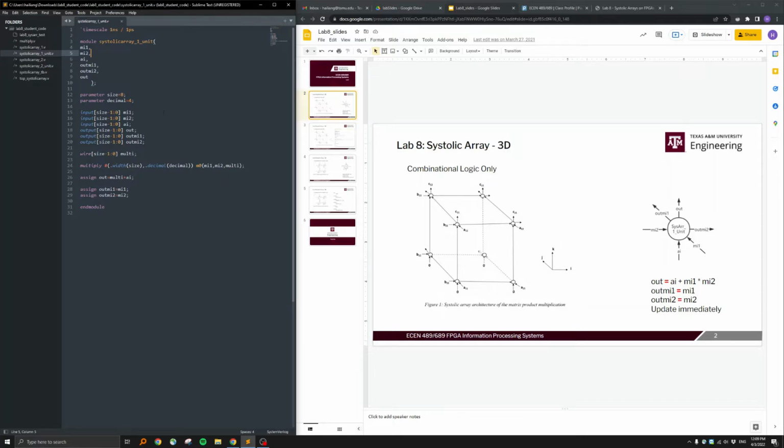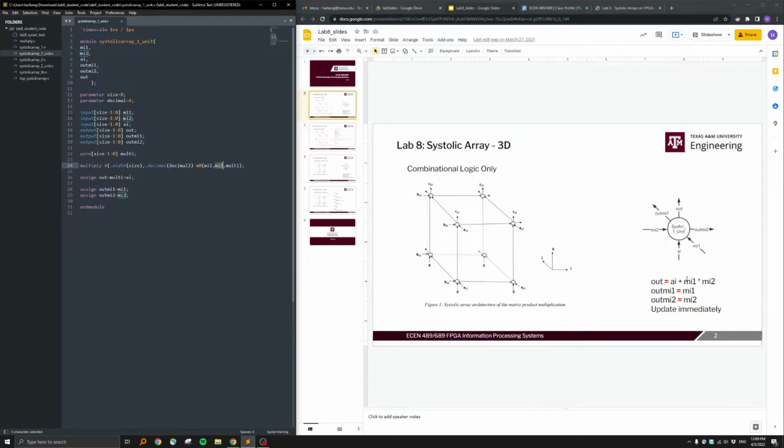Okay, and we have the multiplication input, the accumulation input, and the output is just the accumulated output. This out is the summation of the accumulation input with the multiplication of the multiplier. So the inputs of the multiplier are just mi1 and mi2 here. All right. So the equation is listed here.